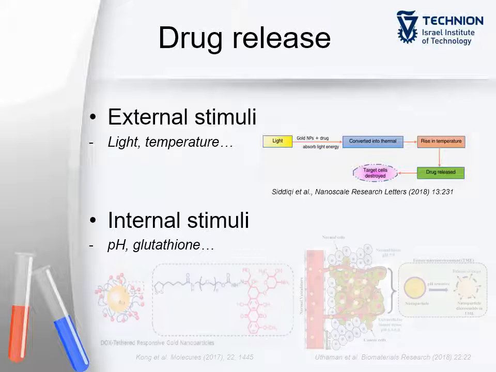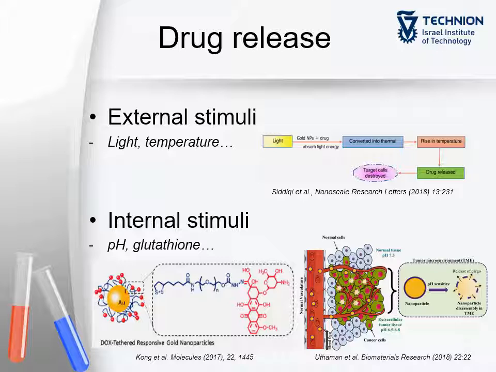On the other hand, there is a difference in the concentration of glutathione and also in pH found in extracellular and intracellular compartments, between tumor and healthy tissues. We make use of that and design a suitable drug release trigger.